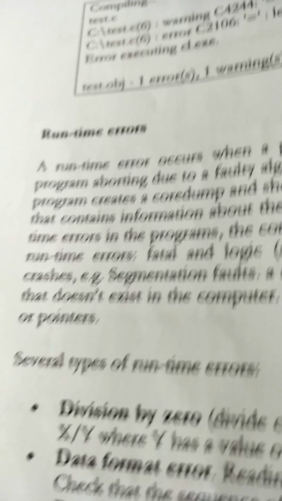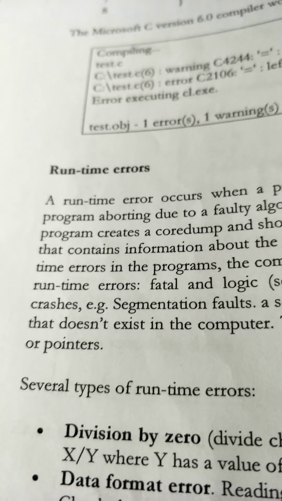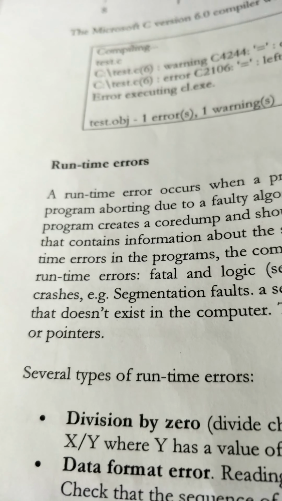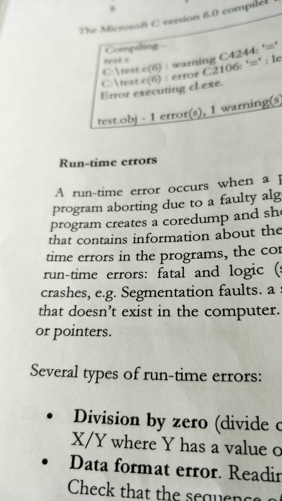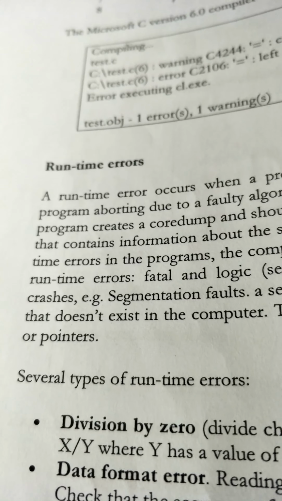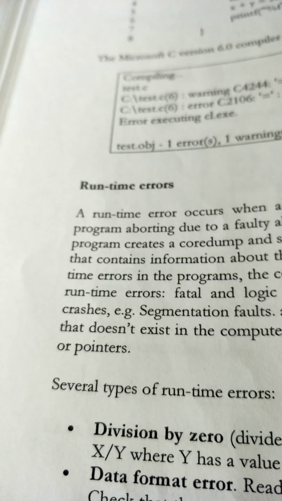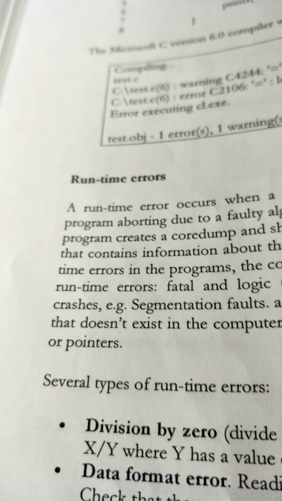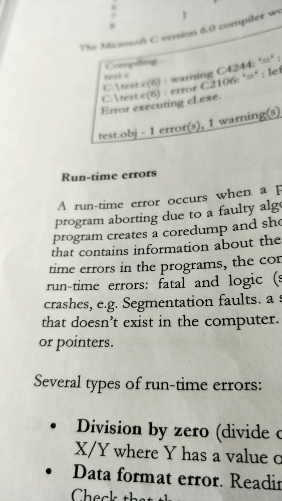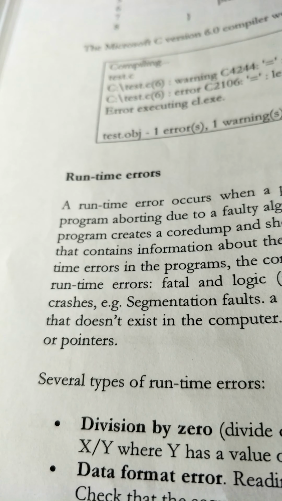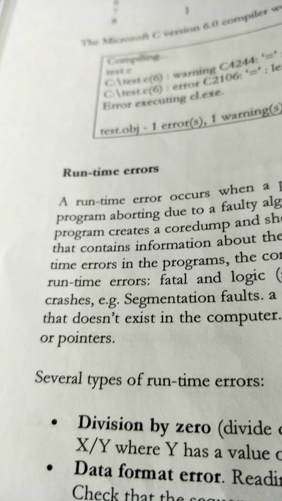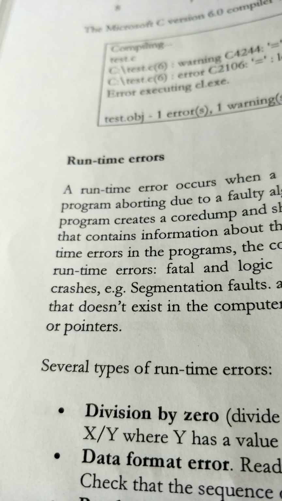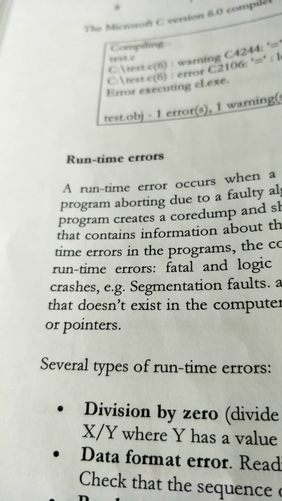Basically, runtime error occurs when the program is executed, which is when you run the program. When we run the program and the program suddenly aborts due to certain faults that are not traceable by the compiler when you compile, this kind of error is difficult to find.